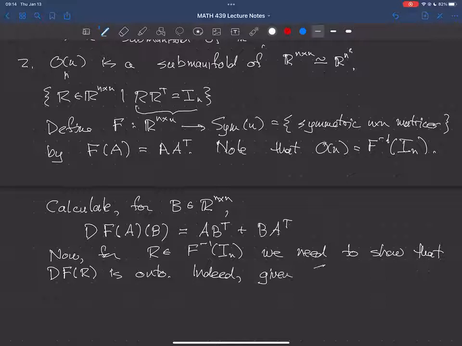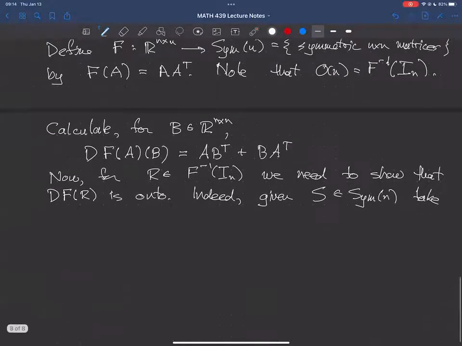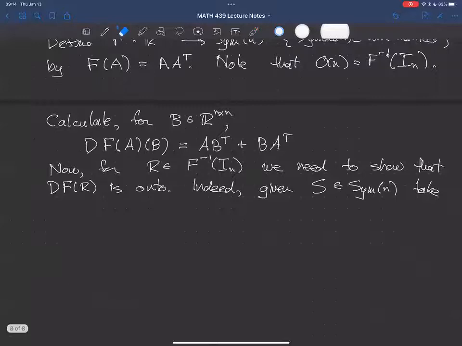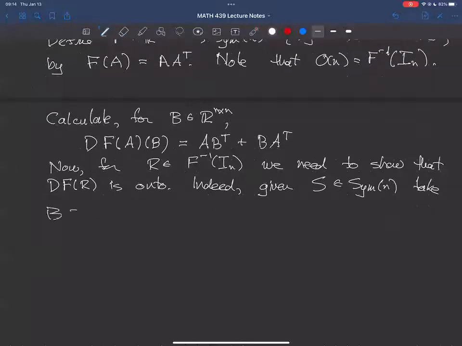Given S, so S is going to be a symmetric n by n matrix, I'm going to take B to be equal to 1/2, I think it's RS. Sorry, because if I get that wrong, it's just going to make a big mess. So let me make sure I got the order right and I got the transposes right.